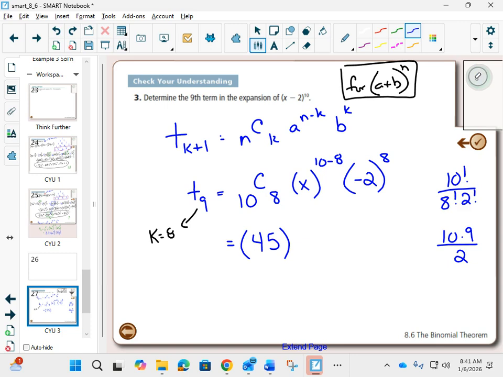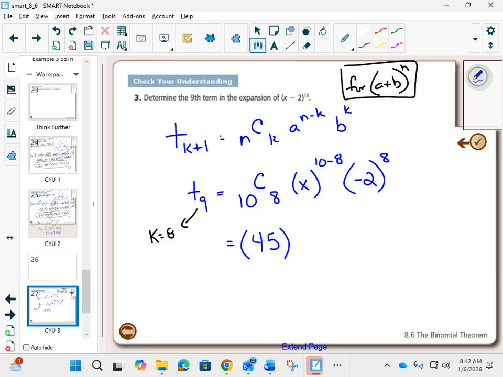Okay. Of course, these are almost always calculator questions because you will get very huge numbers. So you can do the 10 choose 8 on your calculator as well. Whatever scientific calculator you're planning on using for the exam, you should be using it for your reviews. You should be making sure that you know where these buttons are for your exam. Okay?